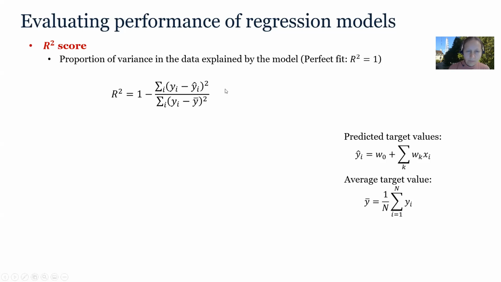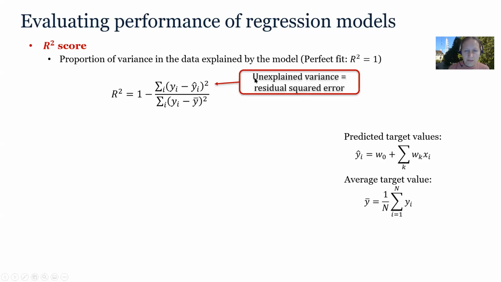The top part corresponds to unexplained variance, which is actually equal to the residual squared error. And the bottom part corresponds to total variance, which is just relative to the mean of all the data, as you see here.